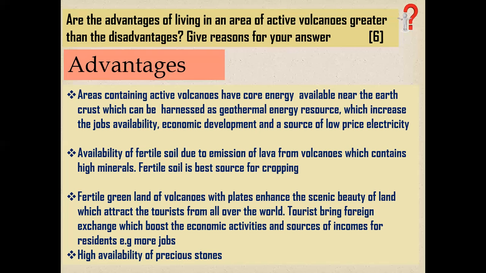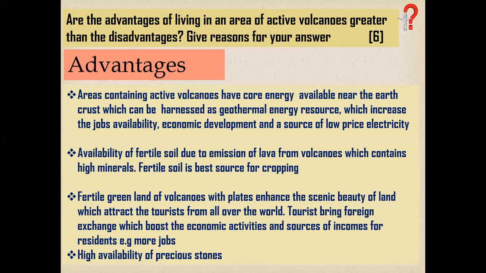We move to the next one: the fertile greenland of volcanoes with plateaus enhances the scenic beauty of the land, which attracts tourists from all over the world. These tourists bring foreign exchange, which boosts economic activity and sources of income for residents, for example more jobs, and the high availability of precious stones.